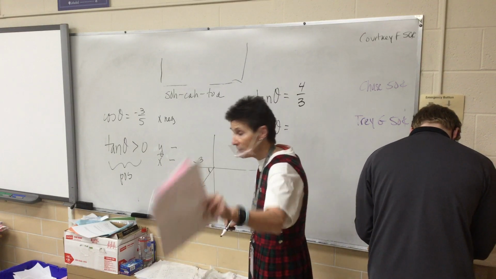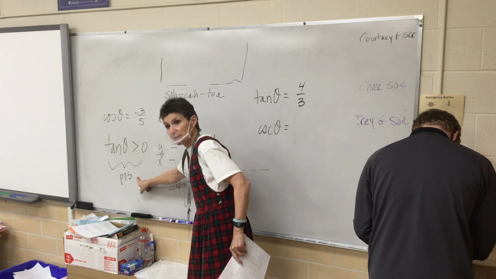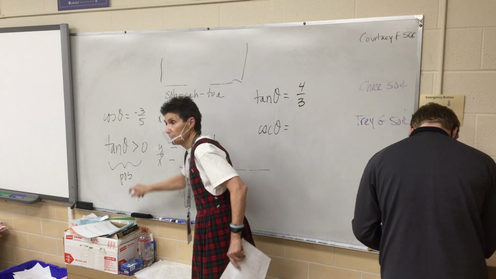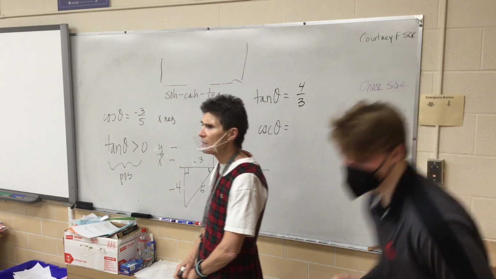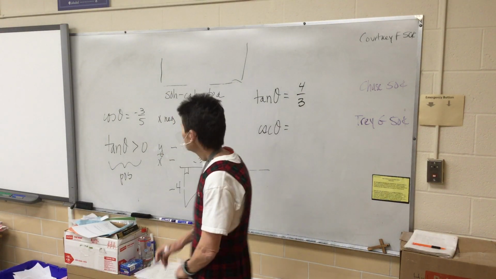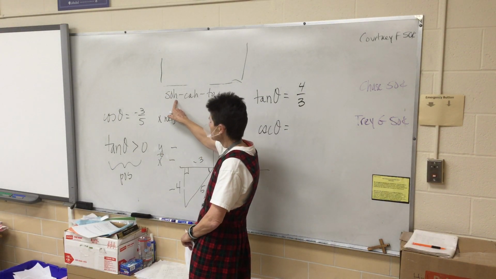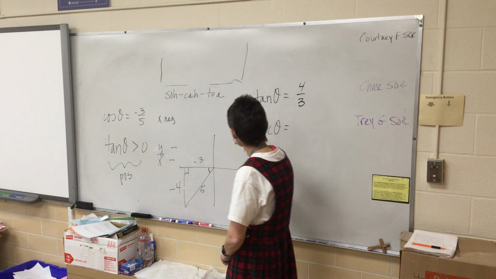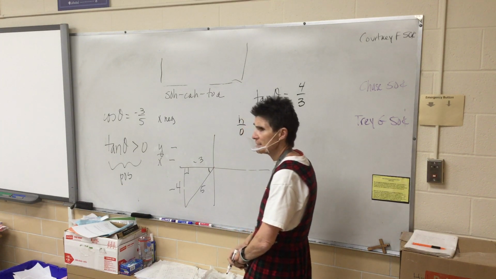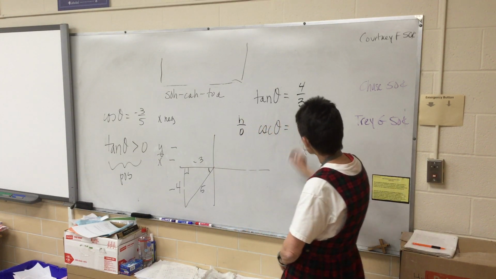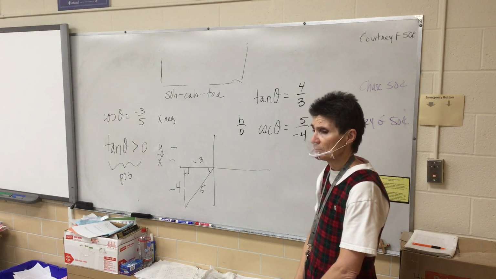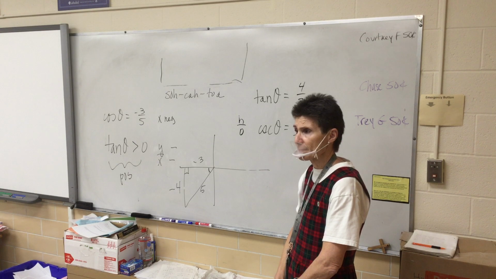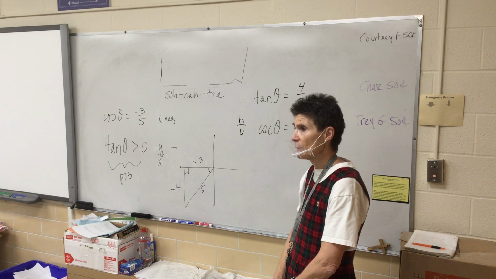Right? By the way, didn't we say the tangent was going to be a positive number? Yeah. And cosecant is the reciprocal of sine. So if sine is opposite over hypotenuse, then we're looking at hypotenuse over opposite. So 5 over negative 4. We all right with that?